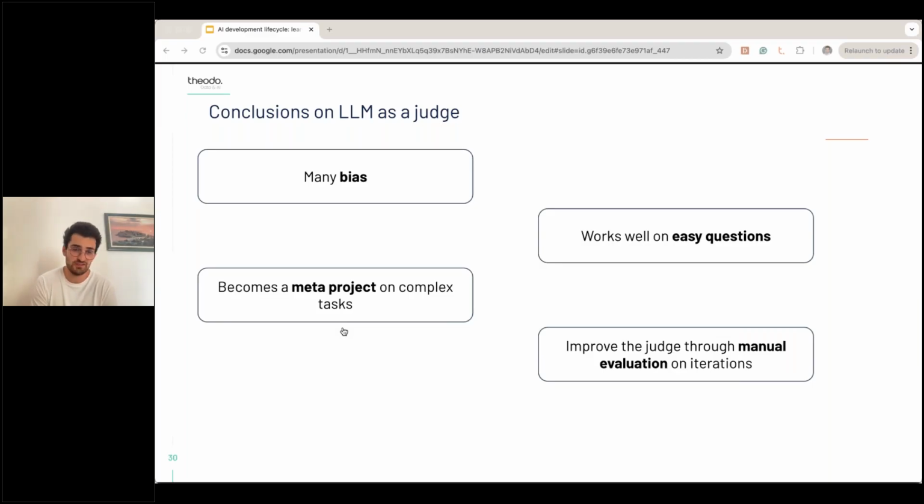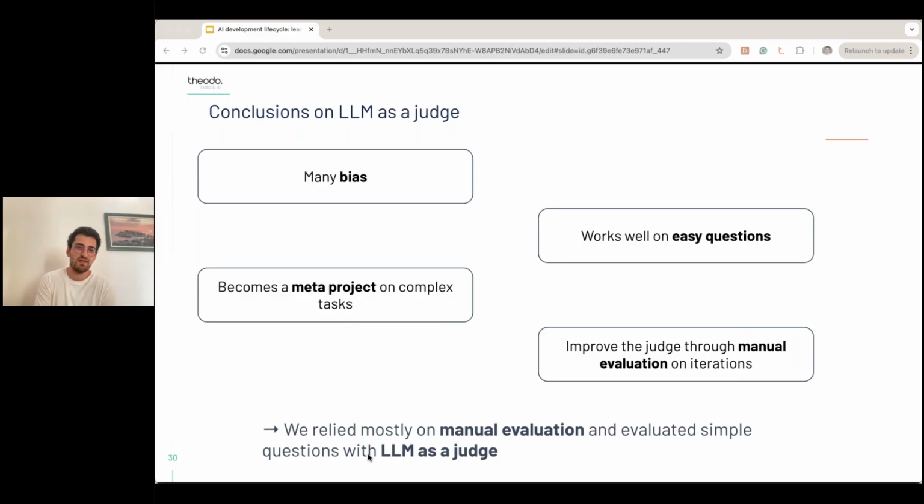You want to make sure your judge is working okay, so you do a pass of manual evaluation, and comparing the differences between what your judge outputted and what your manual evaluation did, you can update your prompt, being like, all right, here it did not work well, here it worked well, so take this edge case into account, etc. We rely mostly on manual evaluation and evaluated simple questions with LLM as a judge.